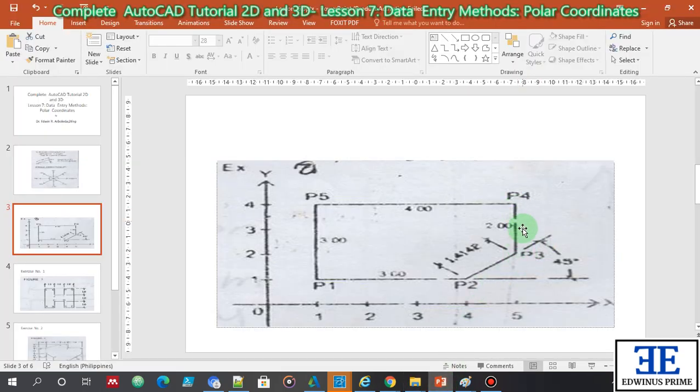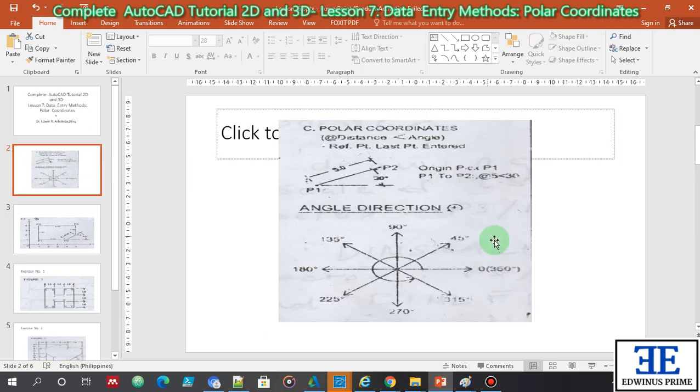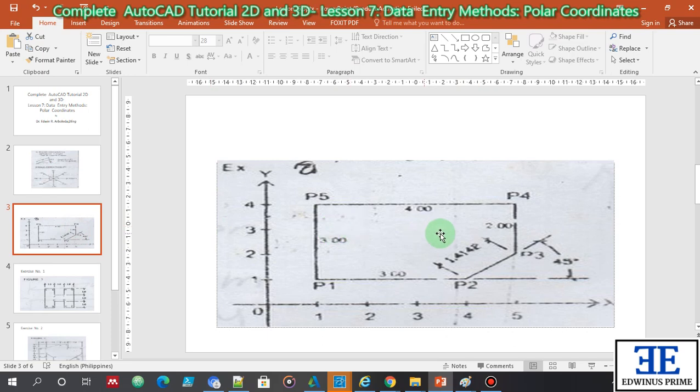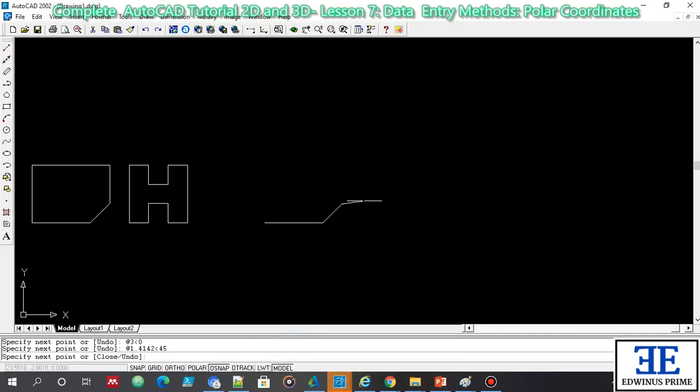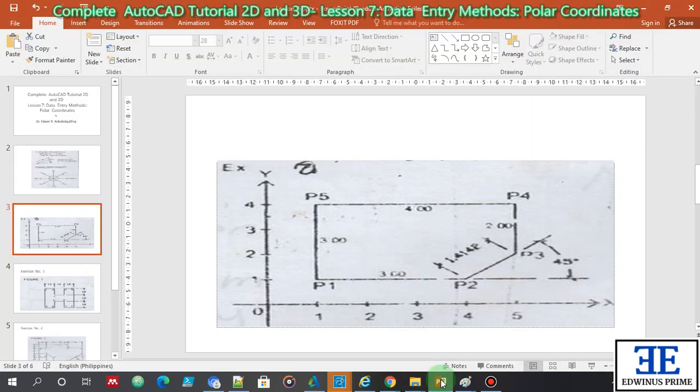So P3 to P4, the distance is 2, the angle is 90.